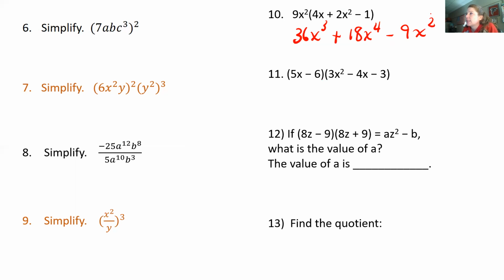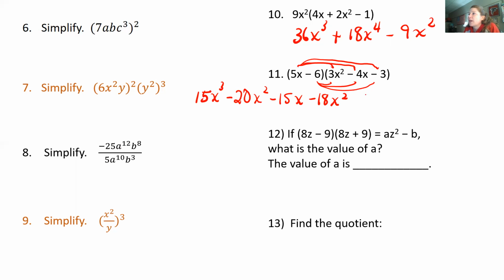We simplified. All right, then number 11, we're going to multiply 5 times all three terms, 5x times all three terms, and then negative 6 times all three terms. So 5x times 3x squared is 15x to the 3rd minus 20x squared minus 15x minus 18x squared plus 24x plus 18.